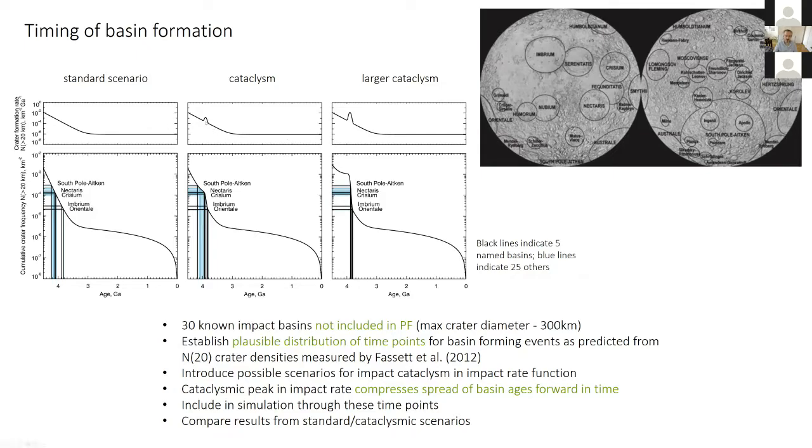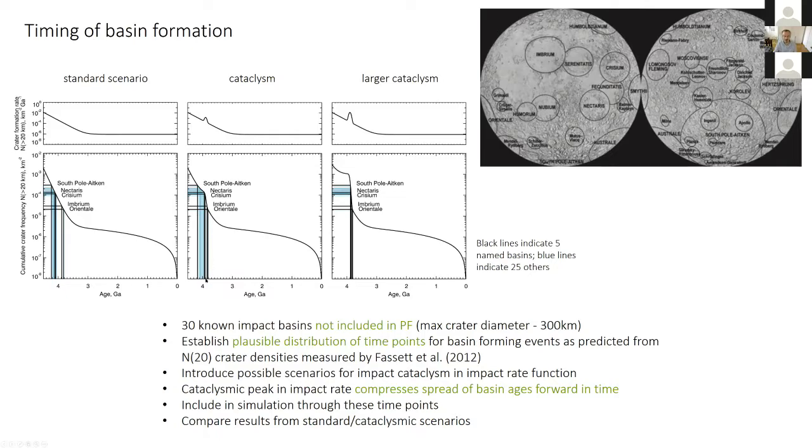So this would be a small cataclysm peak, and you see the effect on the basin formation is to bring, well, with this small peak, it brings some of the smaller basins forward, not South Pole-Aitken, but you see Nectaris, Crisium, Imbrium, they're all shifted forwards in time.